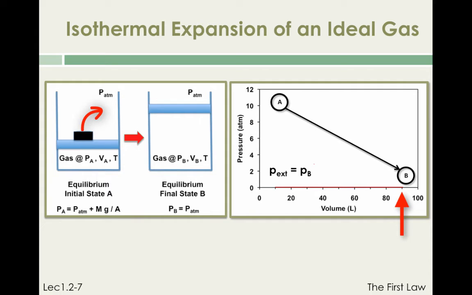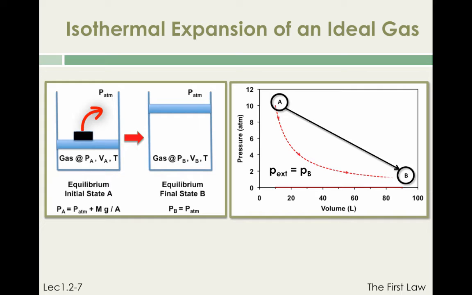Since the gas is ideal and the expansion occurs isothermally, the equilibrium states A and B belong to the same isotherm, represented on the right-hand side graph by the dashed red curve.